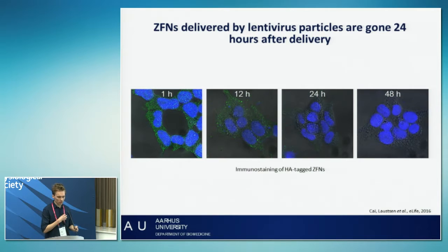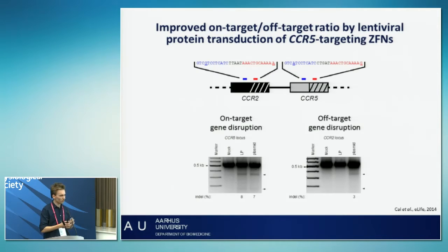So we moved on to look at on-target, off-target ratios, and for this we looked at the CCR5 locus for on-target and the very similar CCR2 locus as an example of off-target locus. So when we did a delivery by lentiviral particles, we had on-target disruption rate of around 8%. For plasmid DNA transfection as control, we had around 7%.